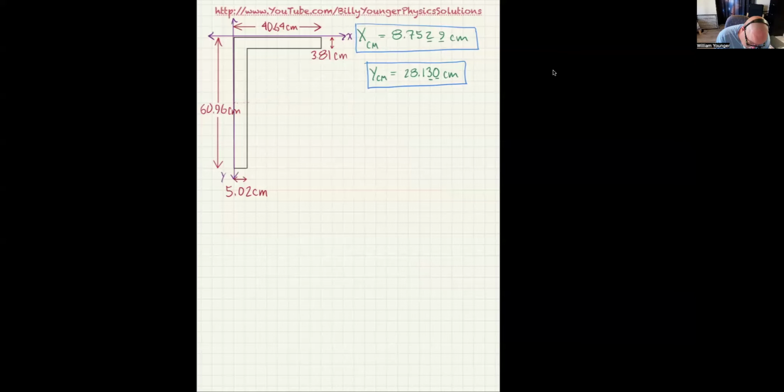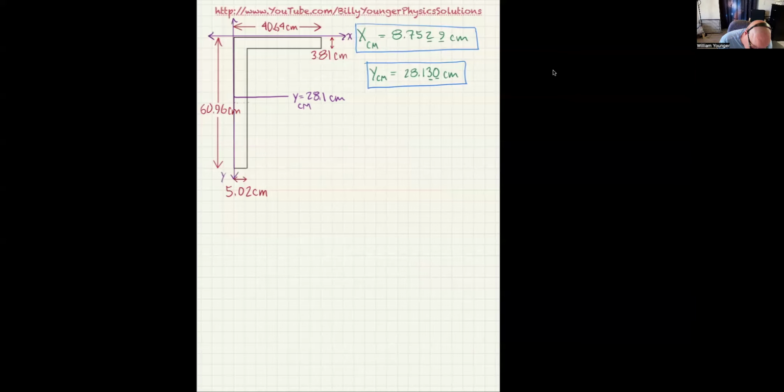So I'm going to say roughly, let's say right about here. This is y equals 28.1 centimeters, and that's the y center of mass, somewhere along that line.